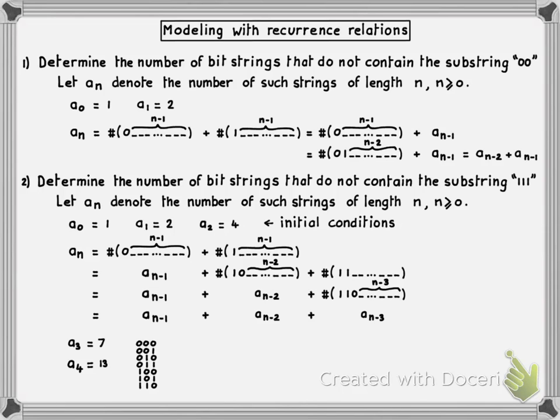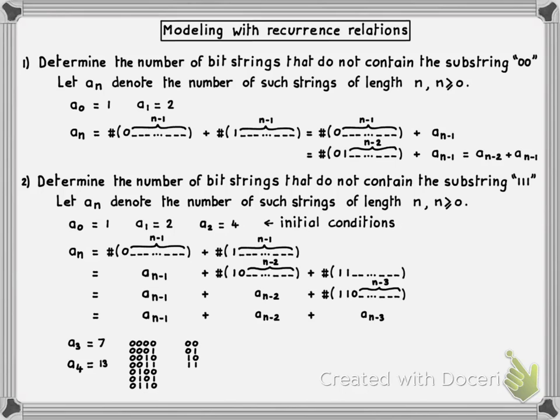Now let's quickly illustrate the way to build those 13 strings. First, you start with the 7 strings of length 3, here they are, and to build a string of length 4 that does not contain a triple 1, you just add a 0 in front of all of those. Then you look at all the strings of length 2. There are 4 of them. Here they are.